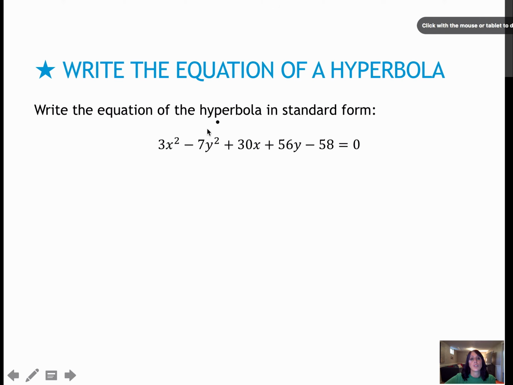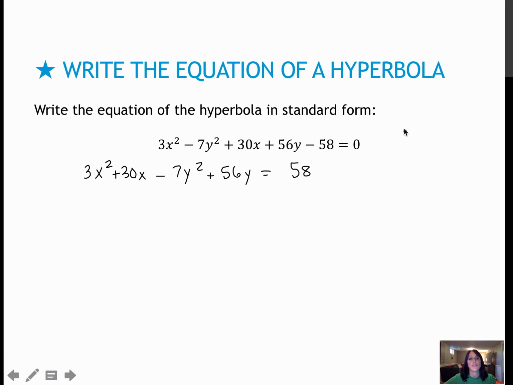Again, looking at these two, I see that the y value is negative, so I'm going to put that second. So I've got 3x squared plus 30x minus 7y squared plus 56y equals, adding that 58 over gives me positive 58. I'm going to take a 3 out of the first two terms, which gives me x squared plus 10x plus blank.